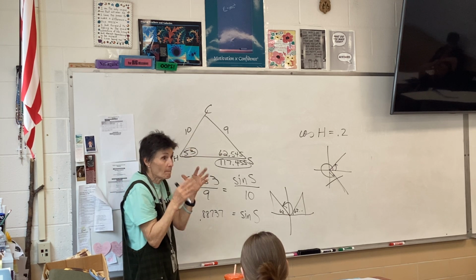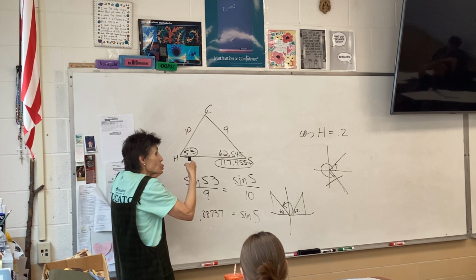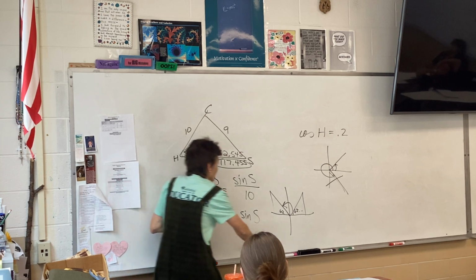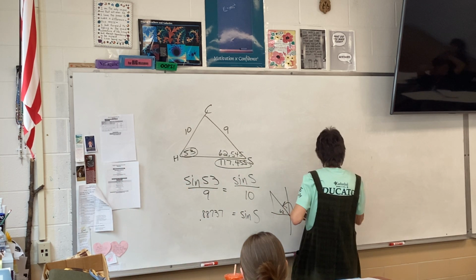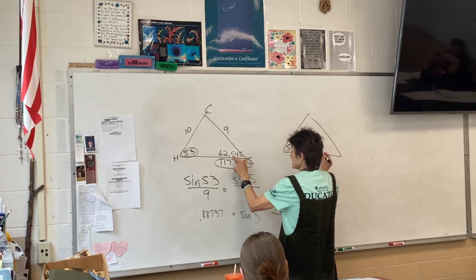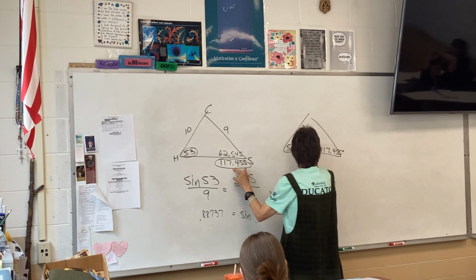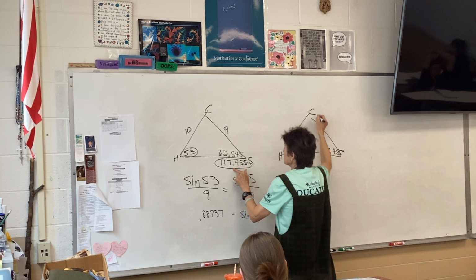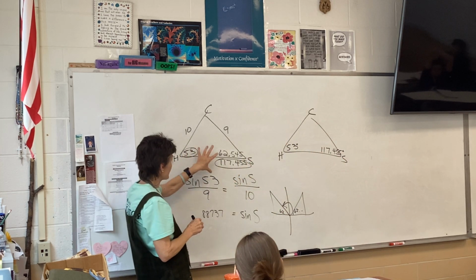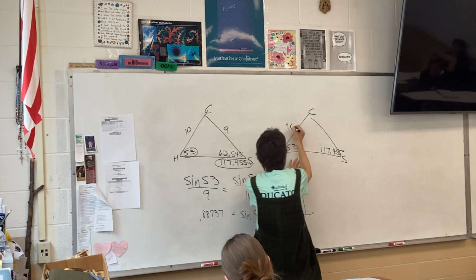The triangle would look weird, but it's possible. So there are actually two possible triangles for this set of given information. One of them has the angle 62.545, and the other one has this one. So you have to do two problems. You have to solve this triangle, and you have to solve this one.